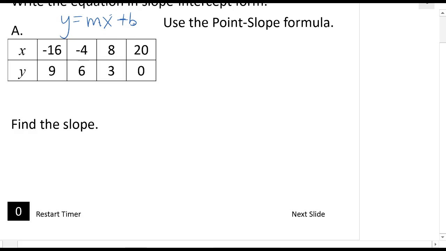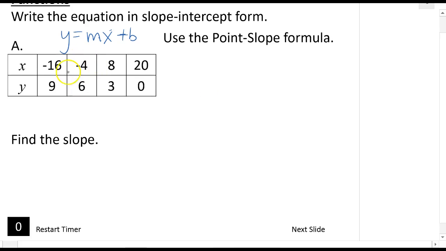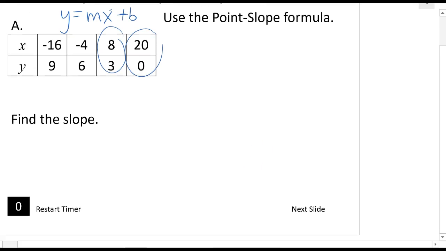Okay, so what you need to do here is, since you're only given points, you want to choose 2 of them. So I'm going to choose the ones that look easiest to me, and I choose the ones that are non-negative, because they'll probably end up canceling something and making it easier to work with. So first I want to find the slope.